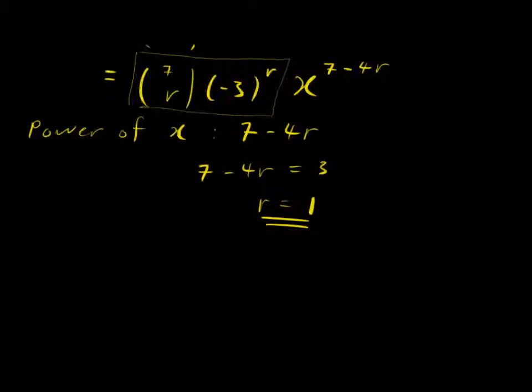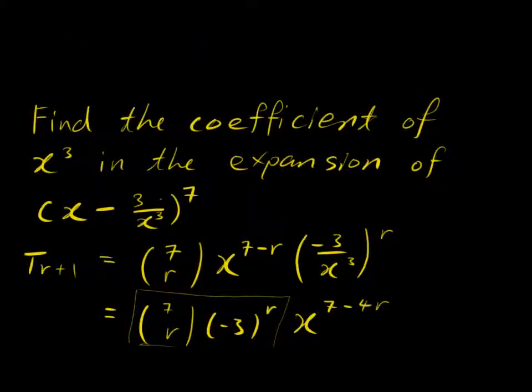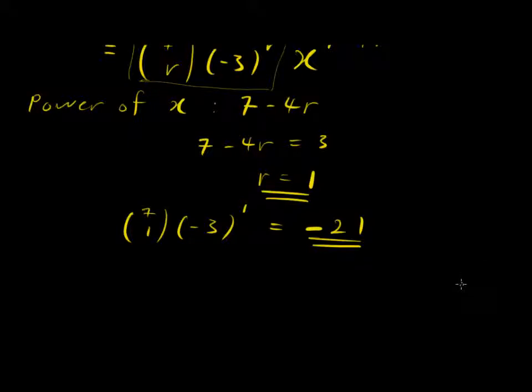So the answer is very obvious: you just need to substitute r equals 1 into the expression, 7C1 times minus 3 to the power of 1. So this would equal minus 21, and this would be the answer for this question here. Alright, that's all.